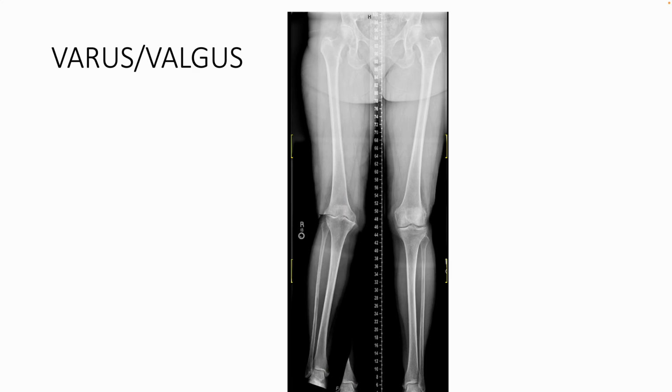On the other hand, this is obviously a valgus deformity or knock-knee position, and the apex of the angle between the femur and the tibia is pointing medially, and therefore this becomes a valgus deformity. But another way of describing this is that the tibia, which is the distal segment, is moving away from the midline in relation to the proximal segment, which is the femur, in its conventional anatomical position.